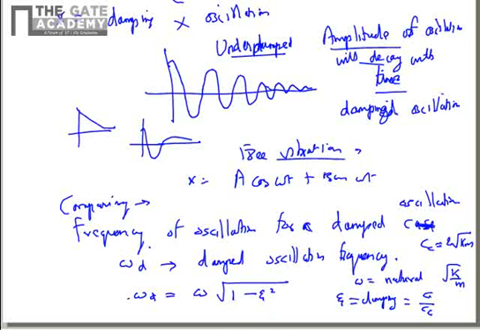The natural frequency is square root of k by m, the critical damping is 2 multiplied by square root of k multiplied by m, and v, the damping ratio, is equal to actual damping divided by critical damping. For the underdamped case, the oscillations will occur, and the damped oscillation frequency is equal to omega multiplied by square root of 1 minus v square.